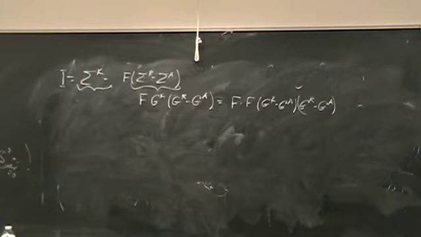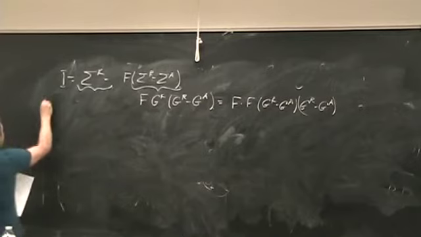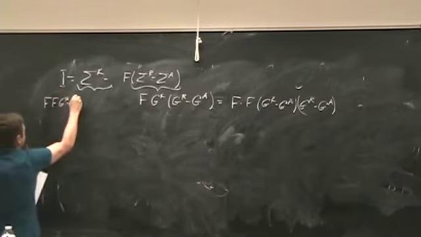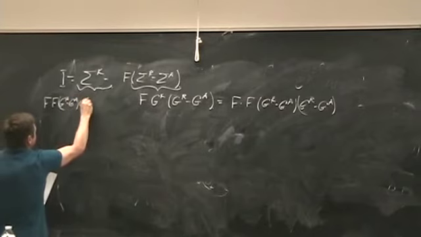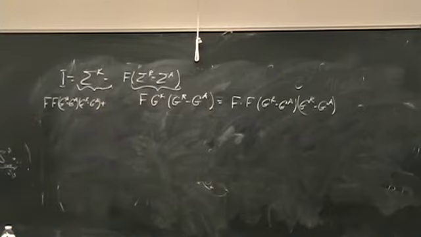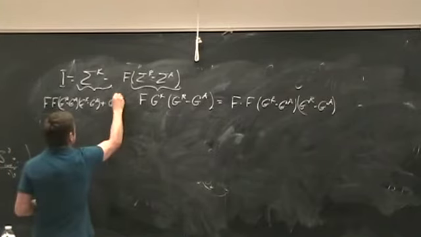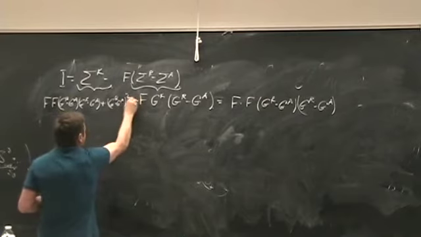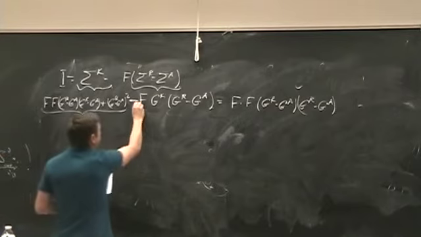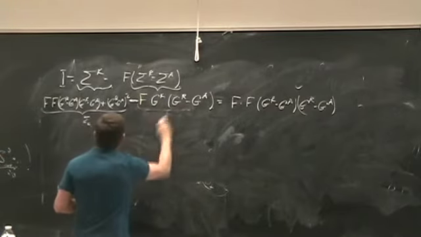So I have G Keldysh somehow, that gives me f, then plus the same thing squared. So again, this comes from sigma Keldysh, and this comes from this.